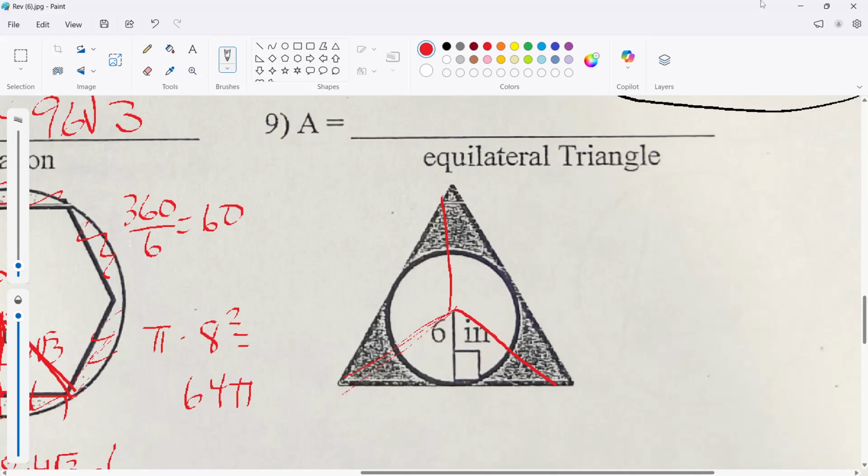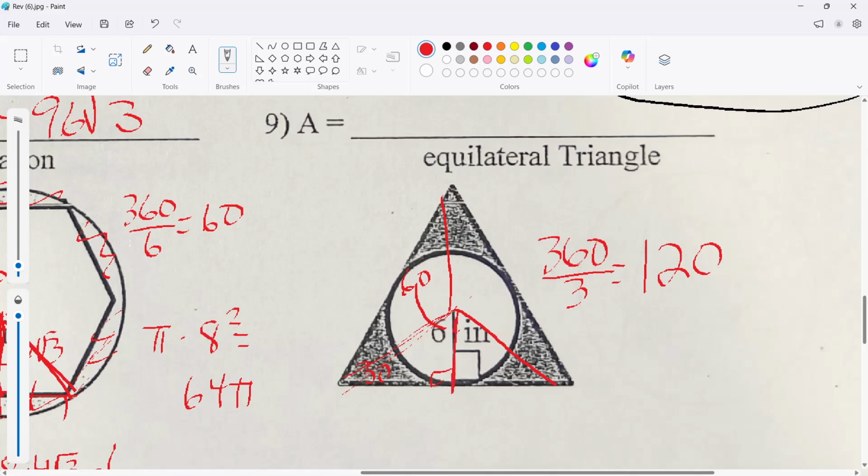And again, this is 3, so 360 divided by 3. I divided the central angle into 3, and then I'm going to cut that in half to get that half. 3 times 1 is 3, 3 times 2 is 6, 120. So that means this is 60 and this is 30. All right, let's see. The side opposite 30 is 6. This is 6 inches.